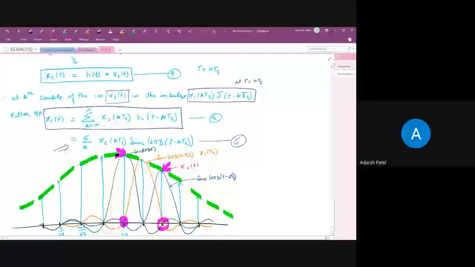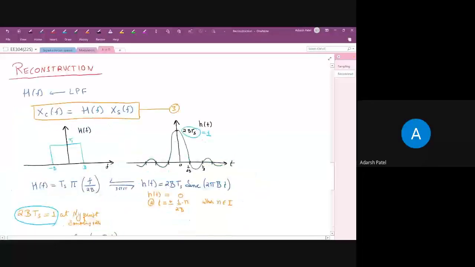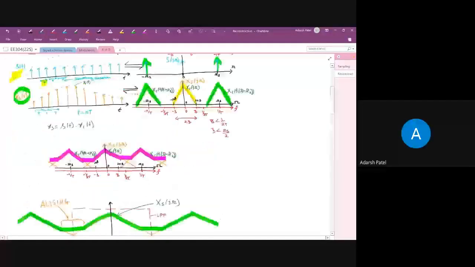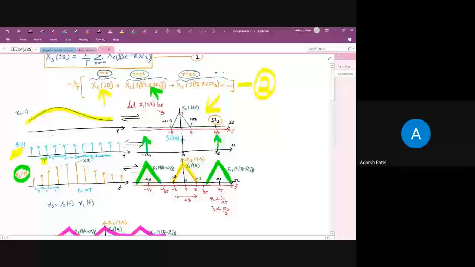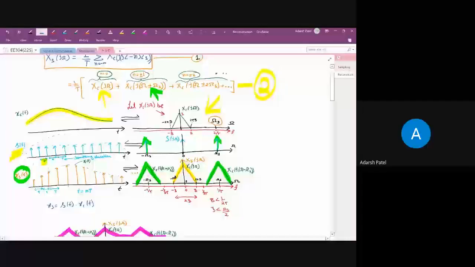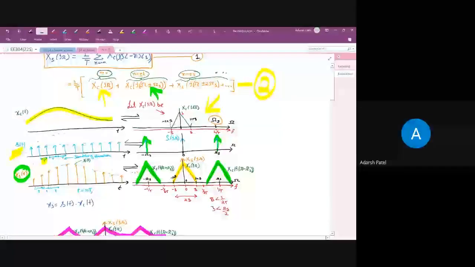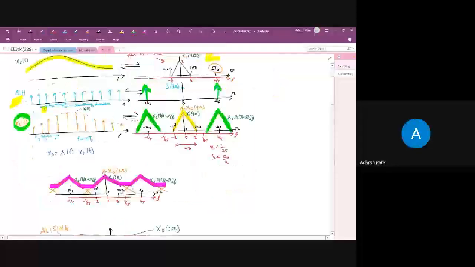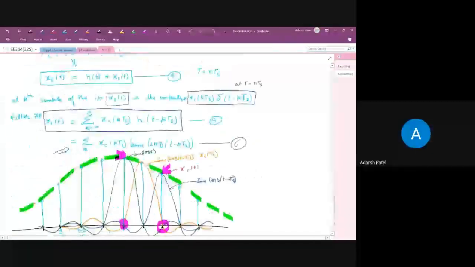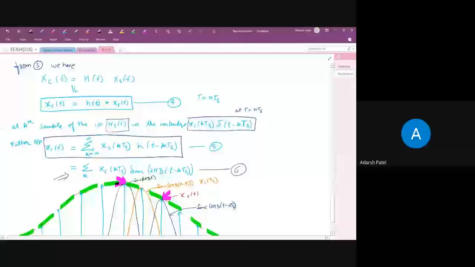Because x_s is non-zero only at multiples of T_s, that is, at t equal to nT_s. So even equation number 5 will be summation only. Yes, sir. The convolution written above equation 5, that is equation number 4, is the integral.